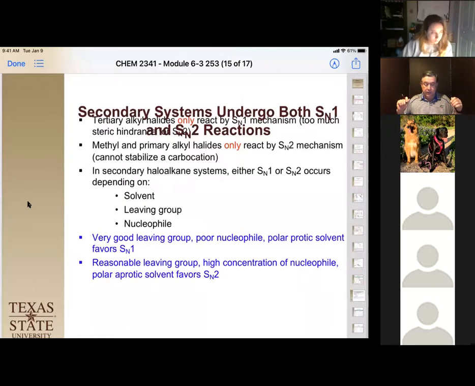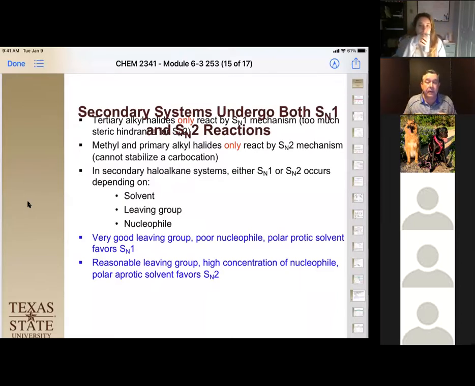Let's see. So to bring the whole thing together, tertiary alkyl halides only go by SN1 mechanism. Just too much sterics and you can't do it. Methyl and primary alkyl halides only go by SN2 reactions because they can't form a stable carbocation.